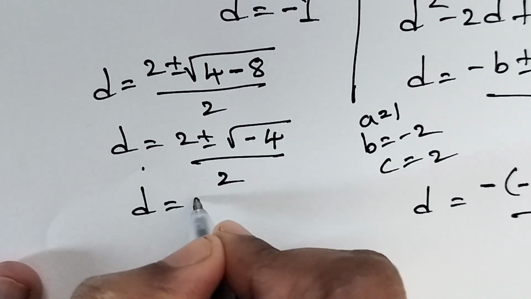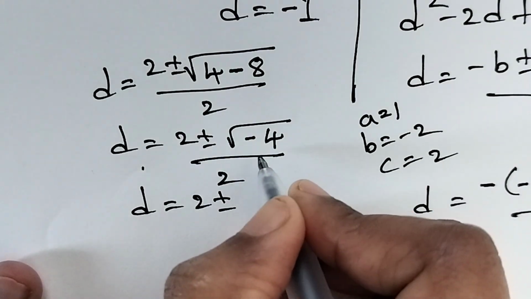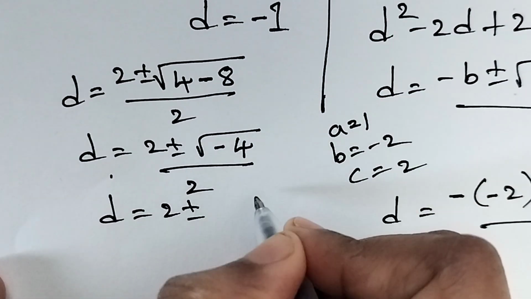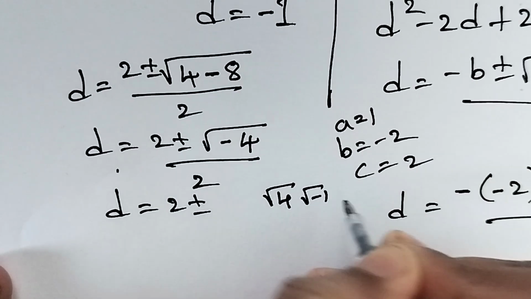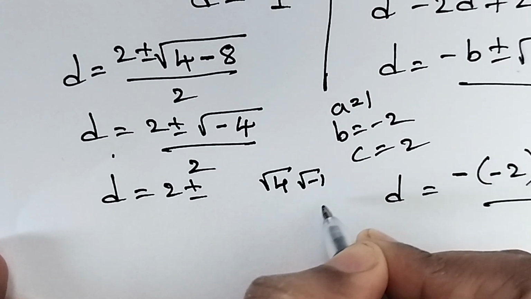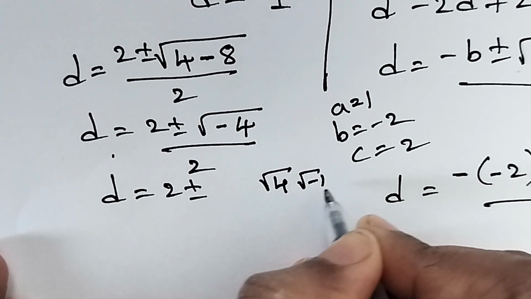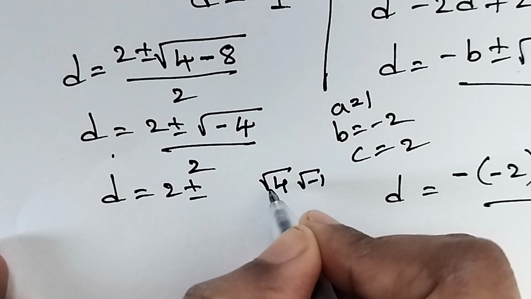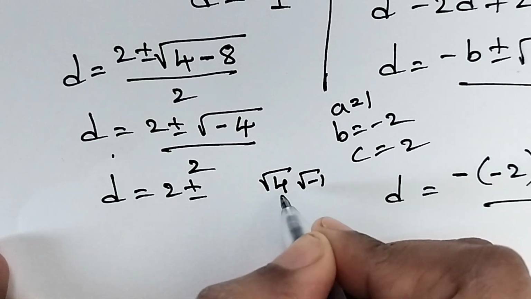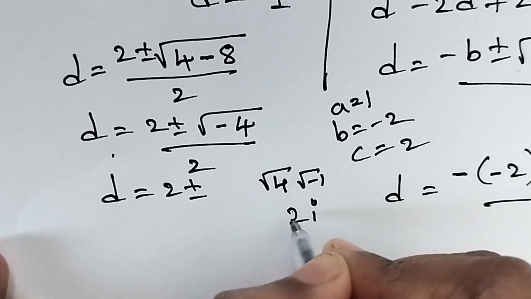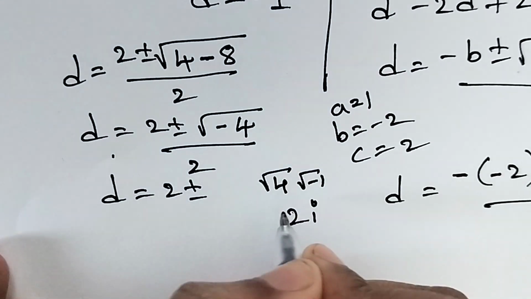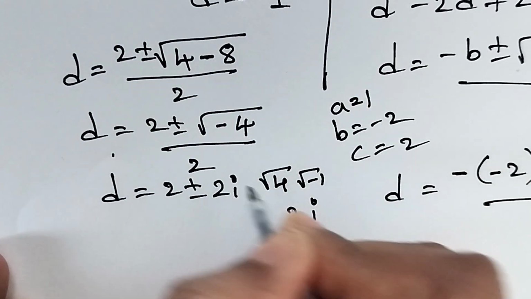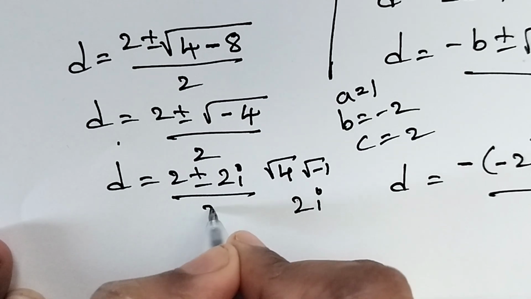So d is equal to 2 plus or minus the square root of 4 times square root of minus 1. Square root of minus 1 is equal to i. This is an imaginary value. Square root of 4 is equal to 2, so it becomes 2i. In place of square root of minus 4 we have 2i, divided by 2.